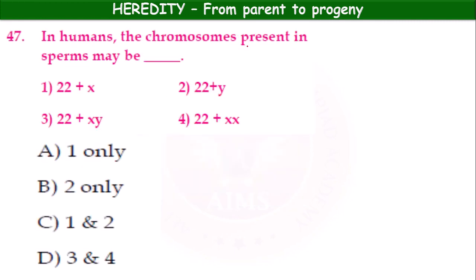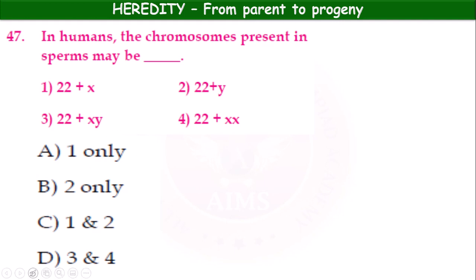In humans, the chromosomes present in the sperms may be 22 plus X, 22 plus Y, 22 plus XY, 22 plus XX. Which one is the correct combination, children? In human beings, we have to consider both males and females.